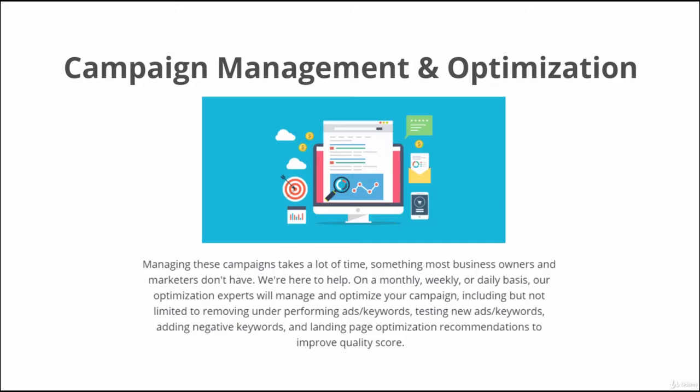This includes removing underperforming ads, keywords, testing new keywords, adding negative keywords, right? And so we're just continually optimizing the campaign, and you really want to emphasize that because as we continue with the campaign, it is going to inevitably improve and increase as far as the number of leads, and the cost per lead is going to inevitably go down, right?